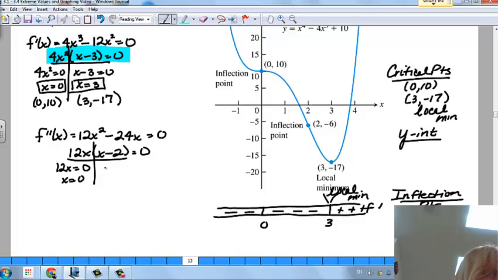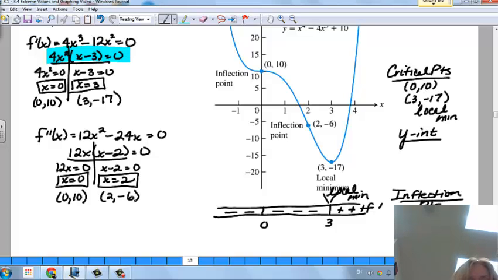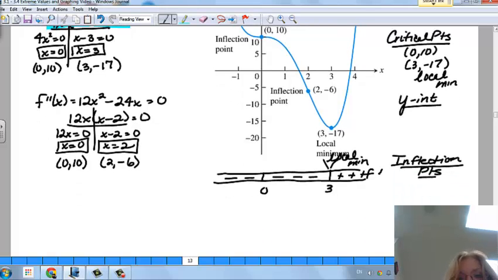The next one is x minus 2 equals 0, x equals 2. So this is the point 0, 10 again, and if I put the 2 in my original function, I'll get 2, negative 6. So the inflection points that we have here, the changes in concavity, are at 0, 10 and 2, negative 6.